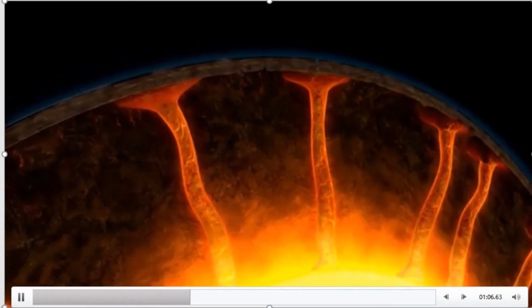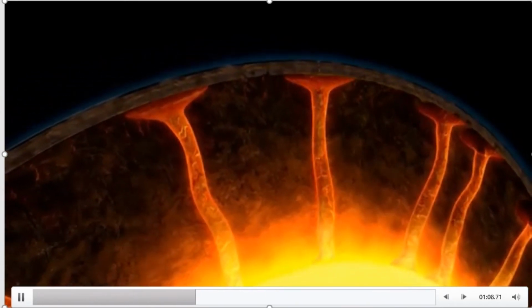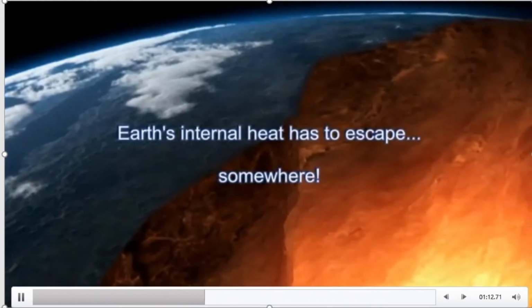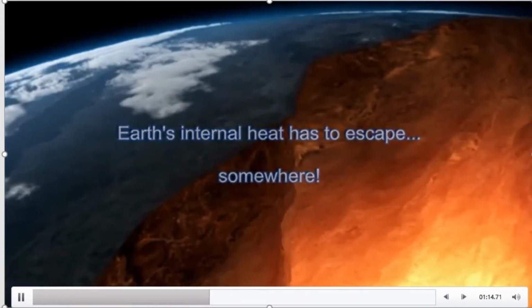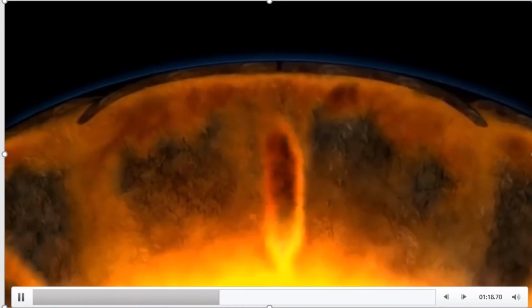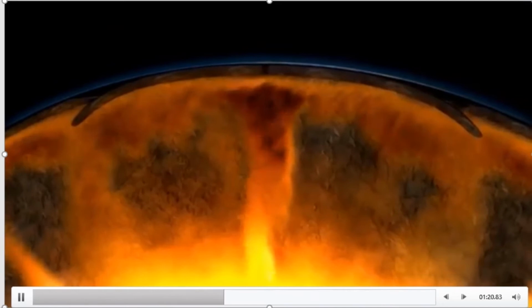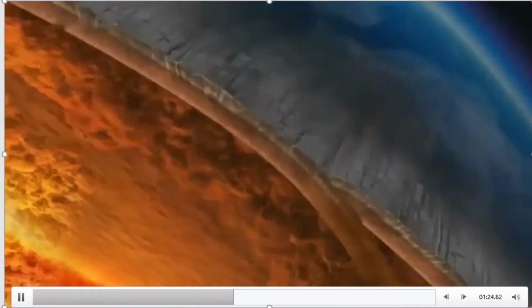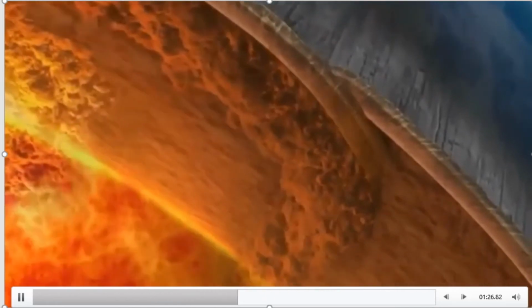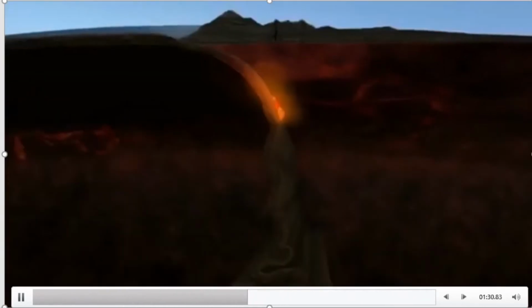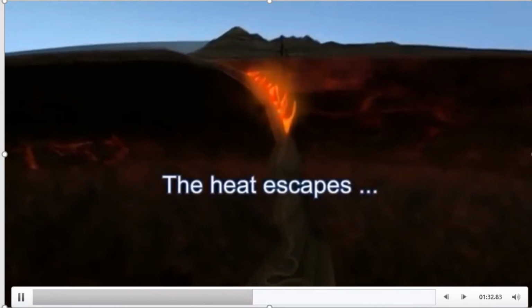The effect of the inner core on the mantle causes the rocks in the mantle to melt. Now they try to find a way of escaping because of the boiling, and there you see a diverging force. It creates a small line of weakness through which heat escapes.